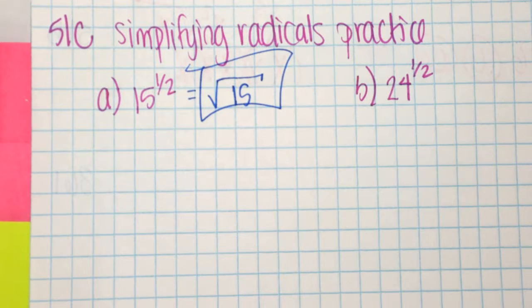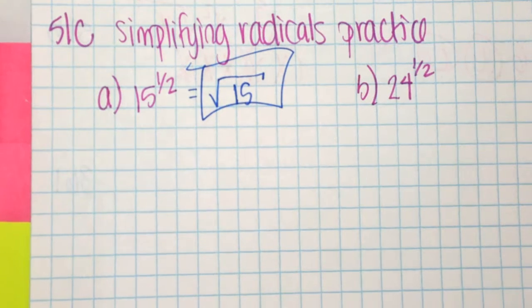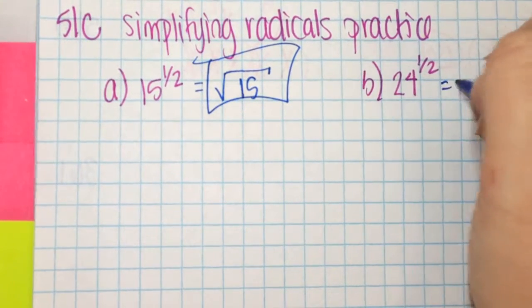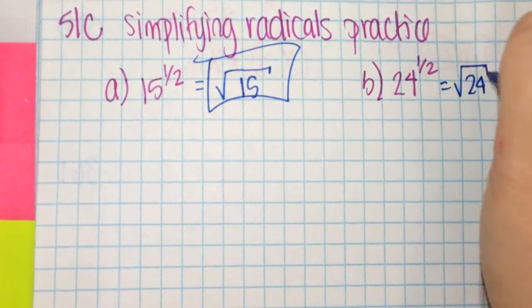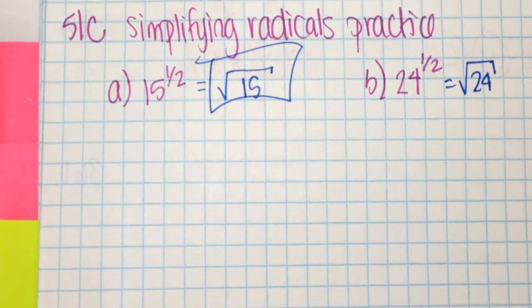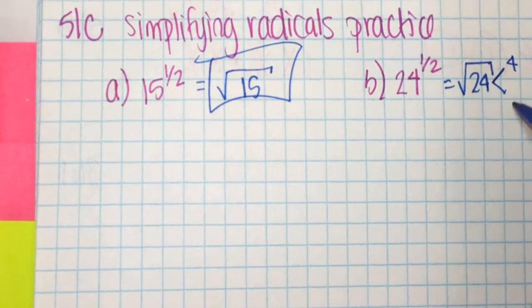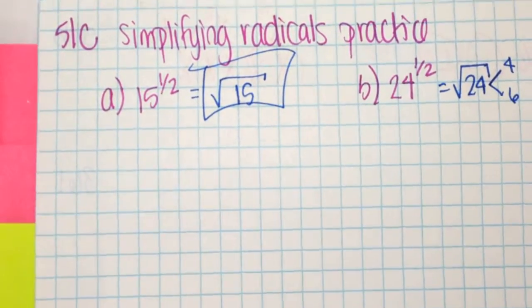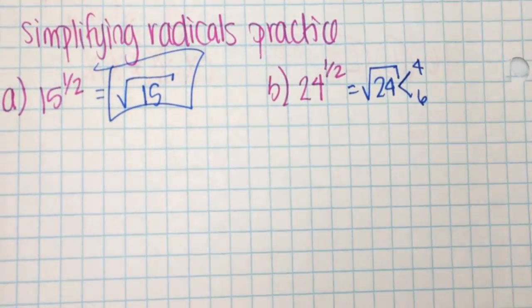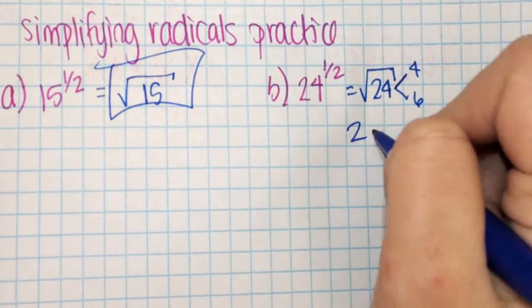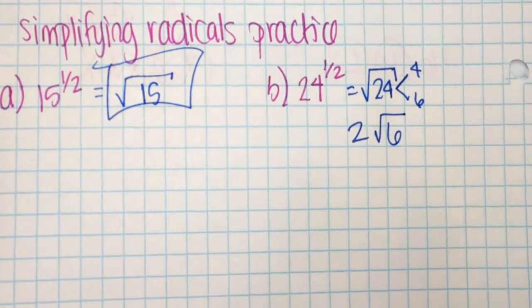Same way. So we'd write it as the square root of 24. And is there a perfect square that divides into 24? Yes, 4. And that gives you 4 times 6. And then what's the square root of 4? So what goes outside to play? What stays inside to read Harry Potter? Awesome.